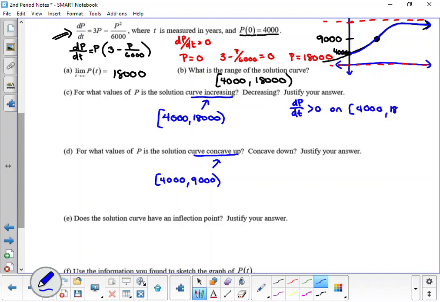But you could also say logistic curves are always increasing inside the two horizontal asymptotes. Either one is fine, because it would be true no matter what logistic curve.